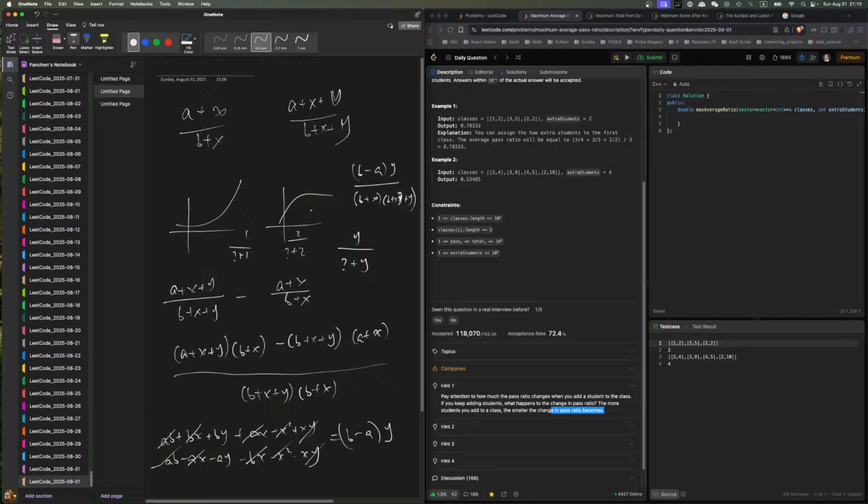So what I want to know is, if Y gets bigger, does the amount of increase get smaller?